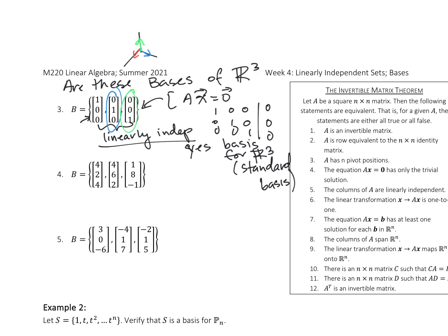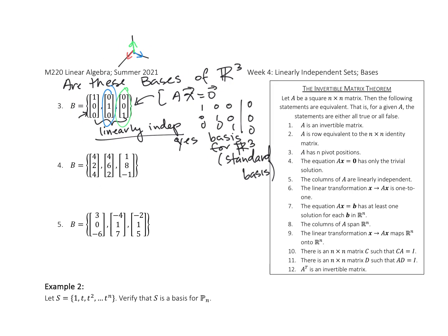Now, you ready for this? Here's where our invertible matrix theorem comes in clutch, right? If I can show that any one of these things in the invertible matrix theorem is true, then I can automatically say that the columns of A are going to span all of R^n.